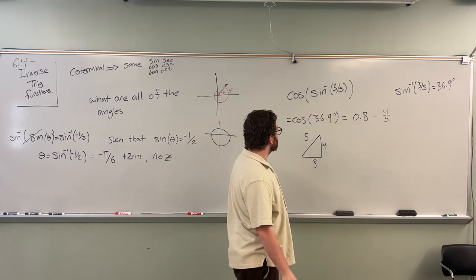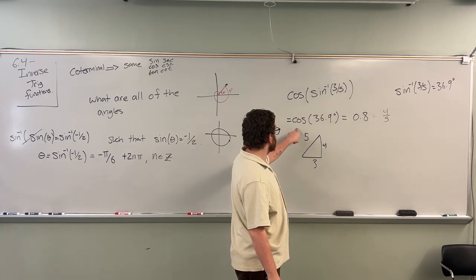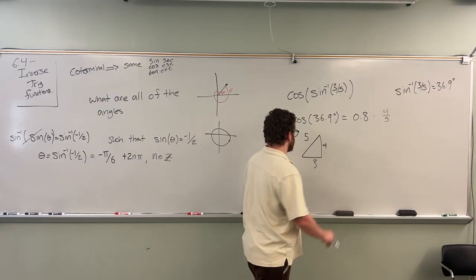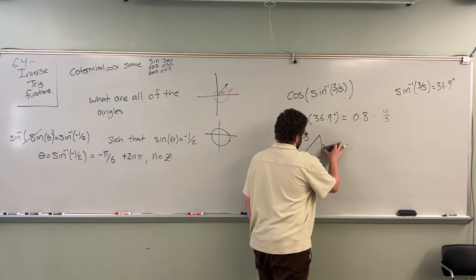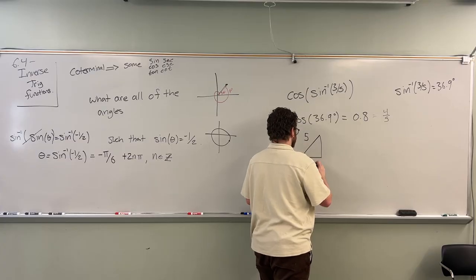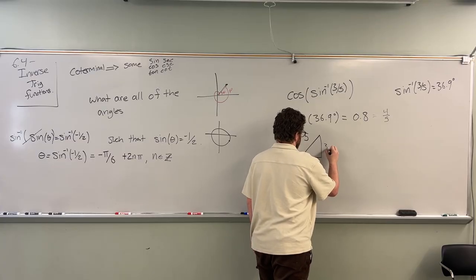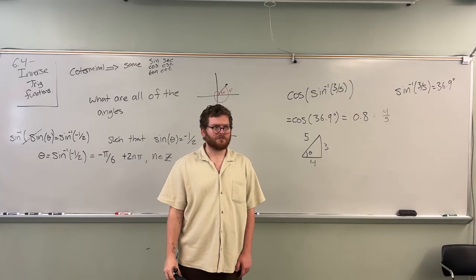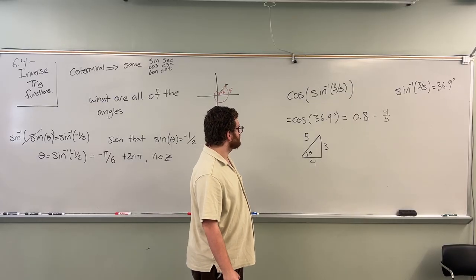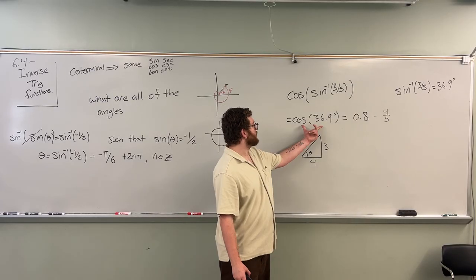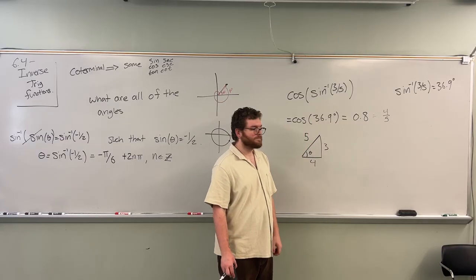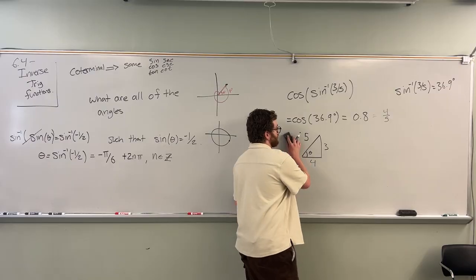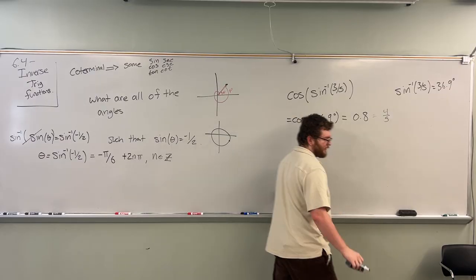If you wanted to try to draw it out, because cosine of an angle, CAH, tells you adjacent over hypotenuse, I can just switch these, and it's still a right triangle. So if you were asked to draw it out or something like that, you could do that too. You can go from the bottom line and then work your way back up. But that's not super important. That's just if you did want to draw it out.